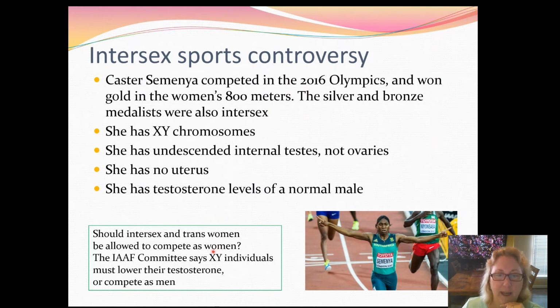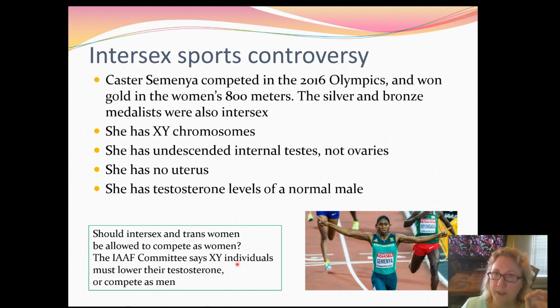Now, any XY individual who identifies as a woman, like Caster Semenya, could compete in the men's category without altering herself in any way. So that's the new rule. They're not going to test testosterone levels in women. It's not an issue of testosterone level for anybody unless you have a Y chromosome.